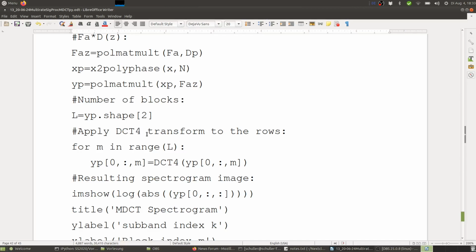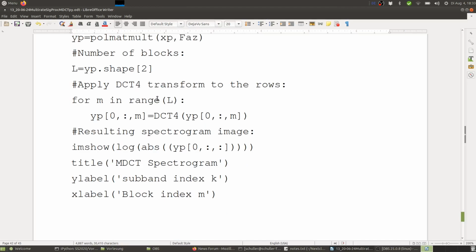Right? So now we apply the DCT4 transform to the rows, and we do that with this for loop. That's why we need to extract this L here. So this L goes over all possible blocks. Here the last index was the block index, and we apply the DCT4 function now to each block. So here, this function is actually using a fast implementation.